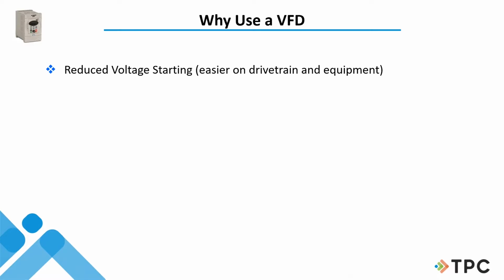If you have belts, when you start up the equipment, you hear a lot of squealing, and that's wear and tear on pulleys and belts. So with a VFD, we can program it through its parameters to ramp up at whatever speed we want to. We can even skip certain frequencies if we want to.